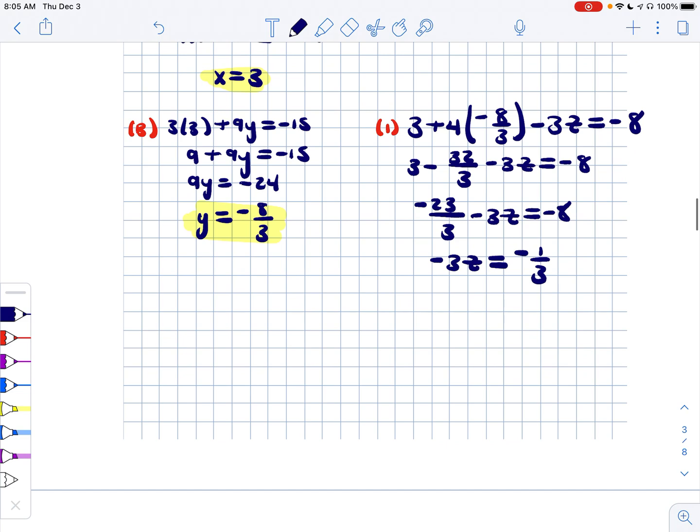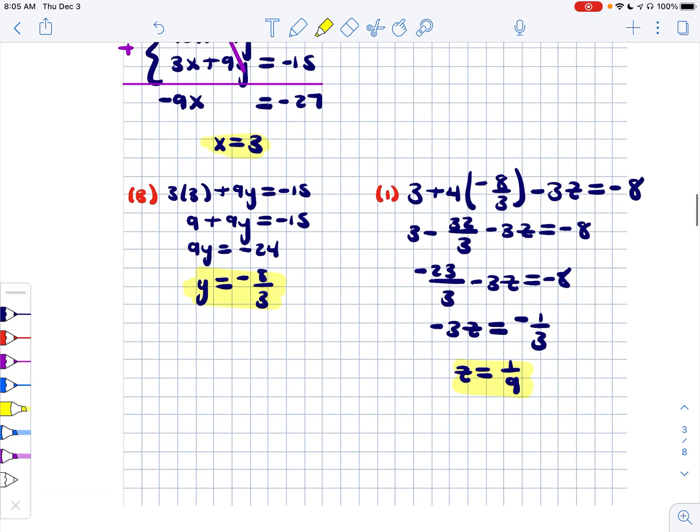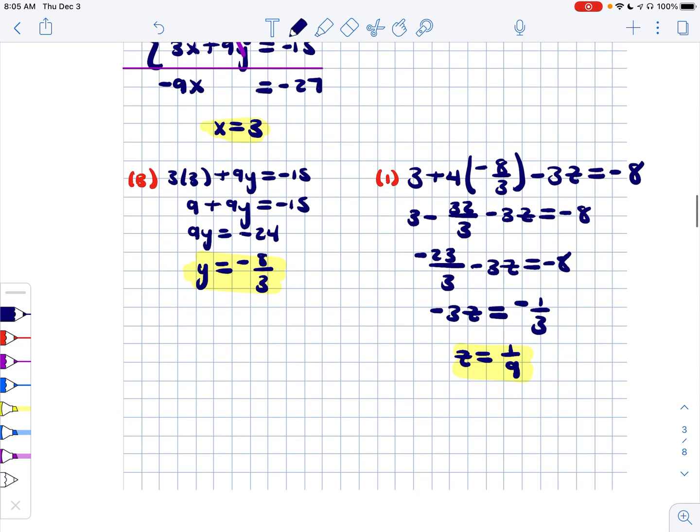And then dividing by a negative 3 on both sides would leave us with a positive 1/9. All right, so putting our final answer together, our x, y, and z, we have 3, negative 8/3, positive 1/9. All right, so that is our final answer.